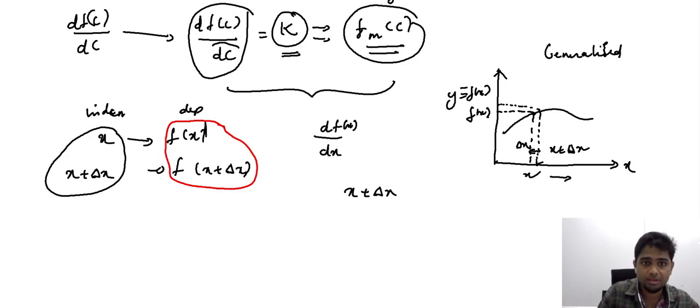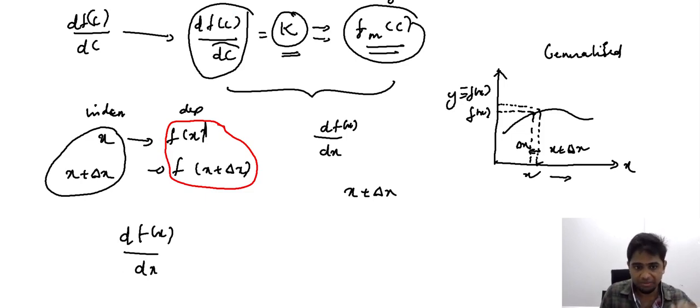So ultimately, one way of representing the derivative, which indicates the change in f of x with respect to x, would be something like this.